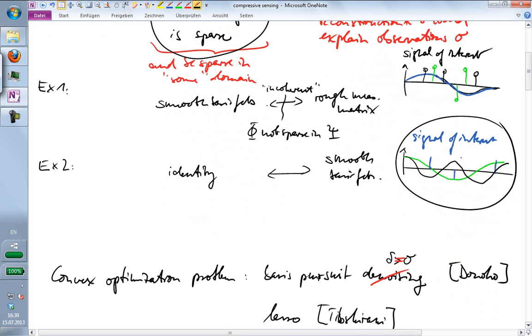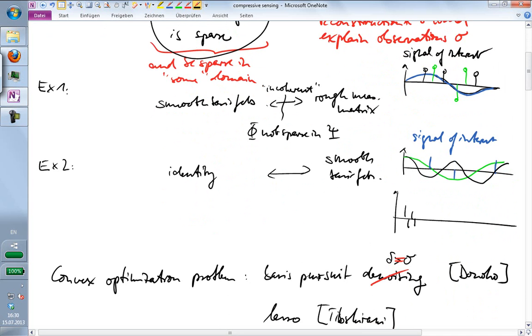I had mostly zeros. But if you have a signal where you have some value at each location, and there's no inherent smoothness or anything in these measurements, then it will not be possible to do sparse coding. But if you can find a transform in which your signal is sparse, then this works very well.